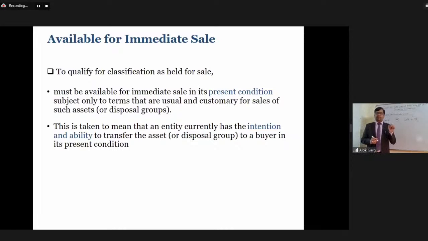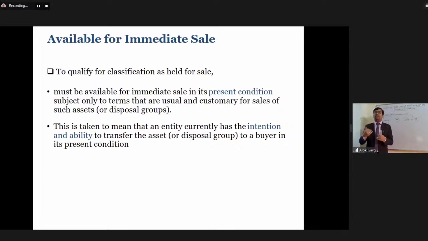So for getting classified as available for immediate sale, it must be available for immediate sale in present condition. Whatever the present condition is, it's not that first I will renovate the building, then I will sell the building. That means it is not available for sale in present condition. For example, first I will process the raw material, I will complete my pending order, then I can sell the building.